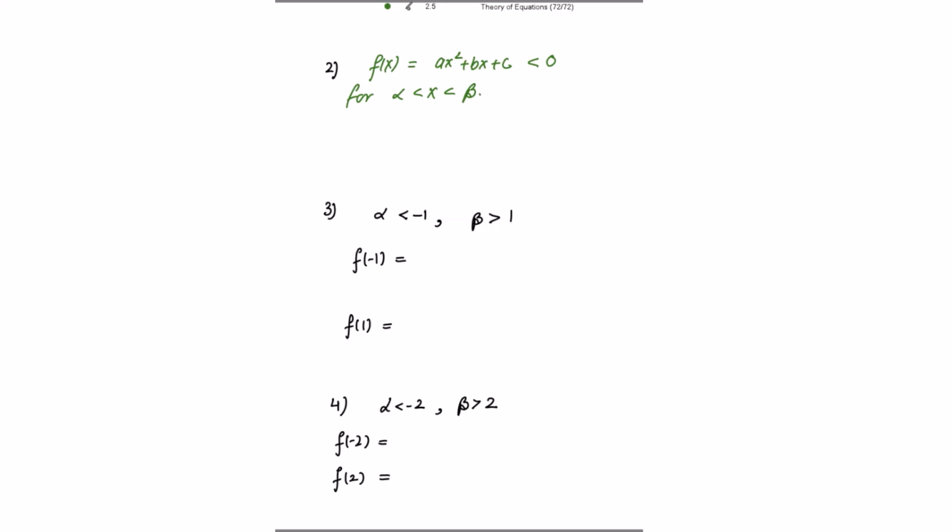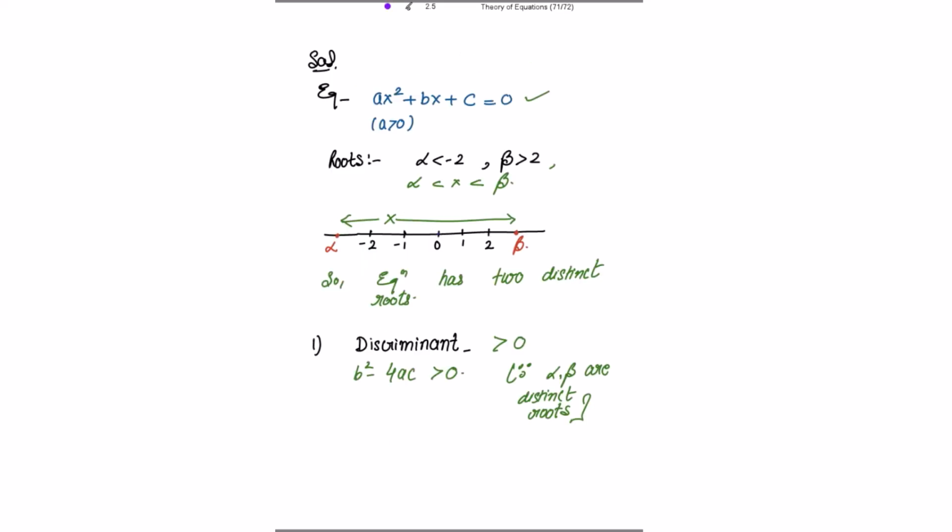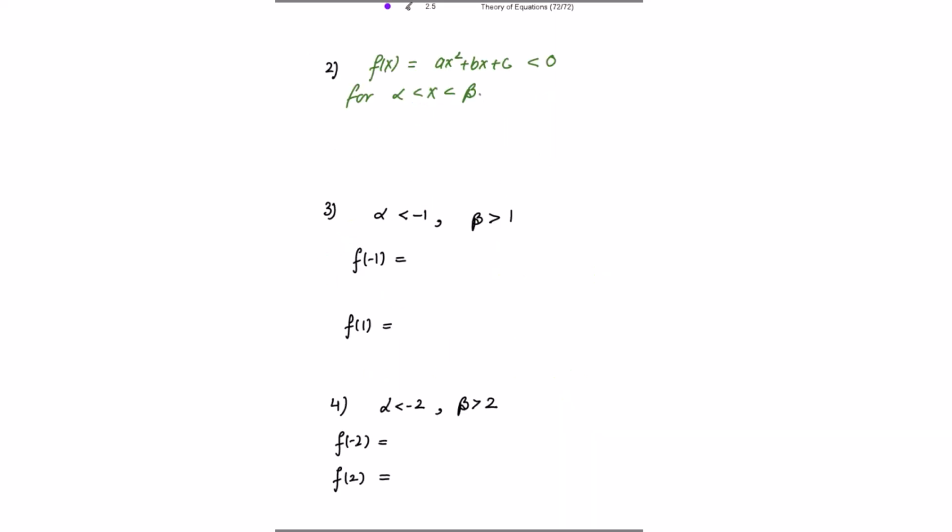Alright. Now since 0 is lying between alpha and beta, let's check. What is f of 0? F of 0 is a into 0 square plus b into 0 plus c.